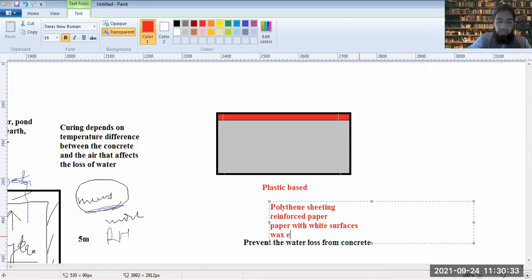You could have wax emulsions applied over the surface, preventing the loss of water. You have acrylic surface coatings, like you have in paints, that prevent evaporation. If you apply acrylic surface coatings, which may be styrene-based coatings, or you could even use chlorinated rubber.